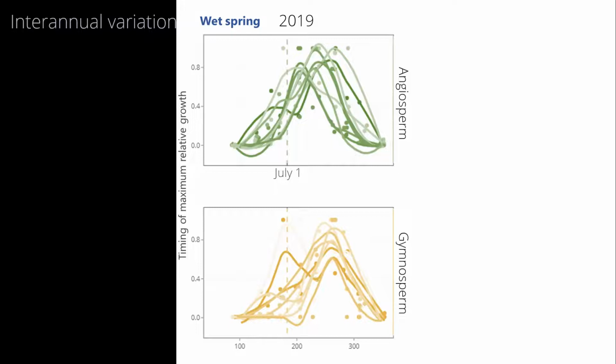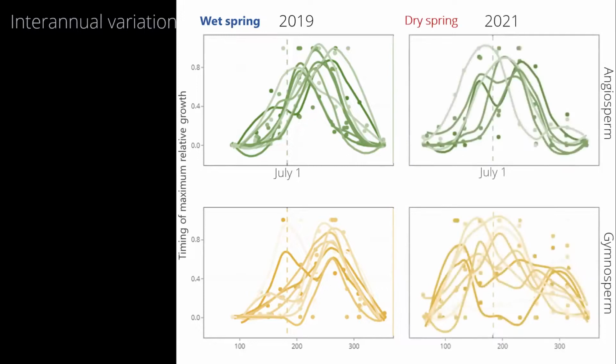Maybe notice the peak here is a little bit later than the weight of the peak in the angiosperms. When we compare that to 2021, there's a strong shift in essentially all of our species, consistent in both the angiosperms and gymnosperms, to have peak production around or before July 1st.